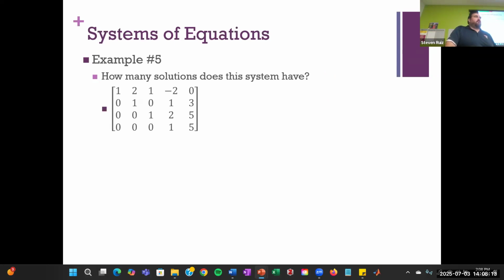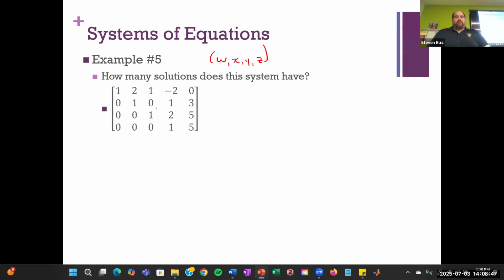This one has a solution. A unique one or a bunch of solutions? Okay. So let's say the variables are w, x, y, and z. Do I know what z is? 5. And then could you get what y is? I think it has to be 0.